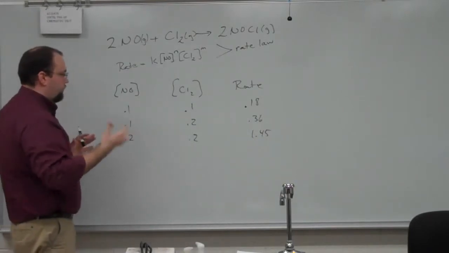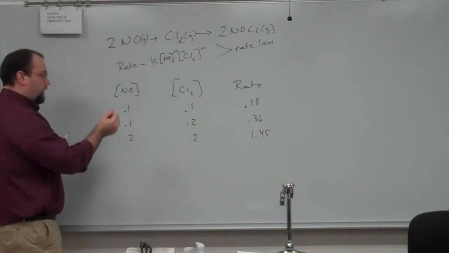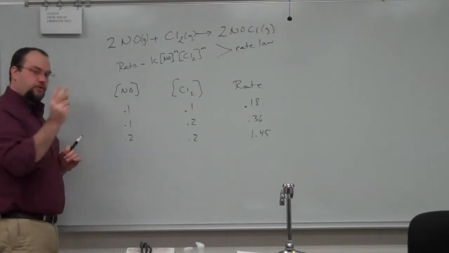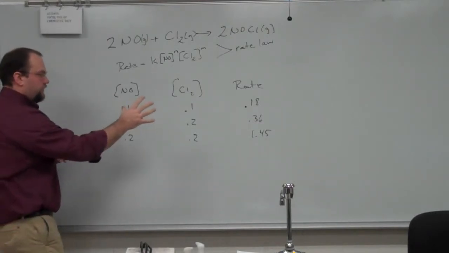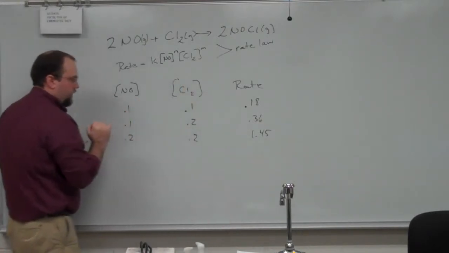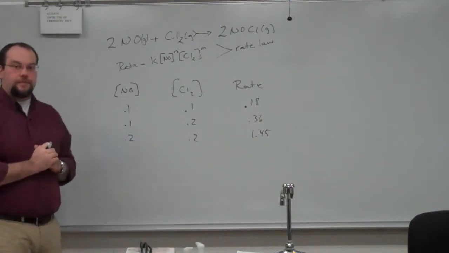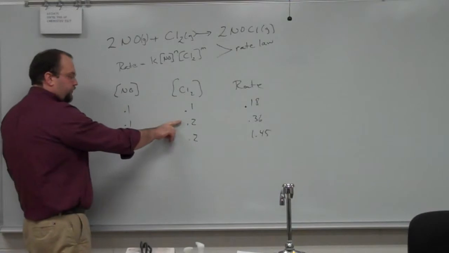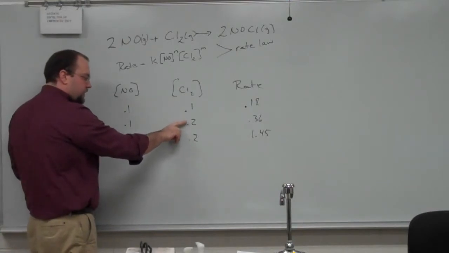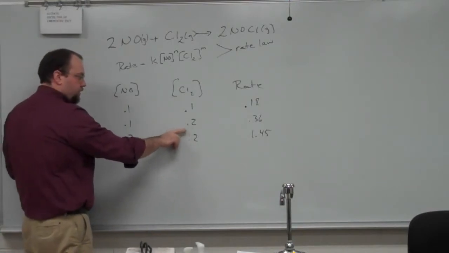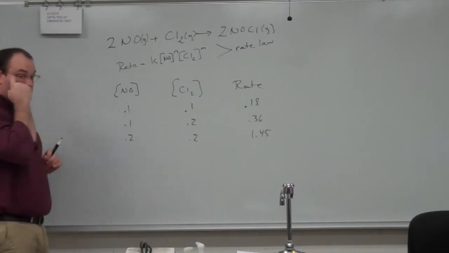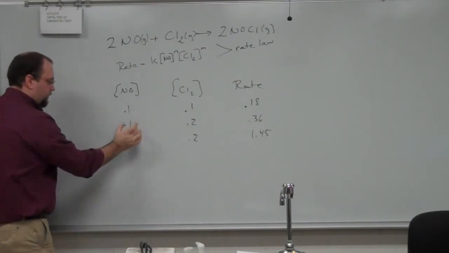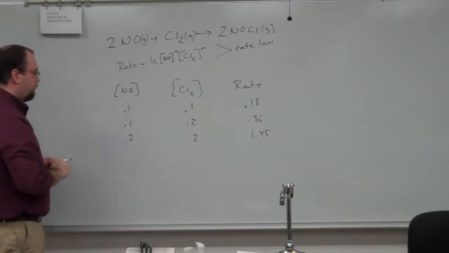So we'll start with NO. We're looking for 2 trials where Cl2 concentration is held constant and the NO concentration changes. That would be between trials 2 and 3. Do you see between trials 2 and 3, my Cl2 concentration remains constant, but my NO concentration doubles?